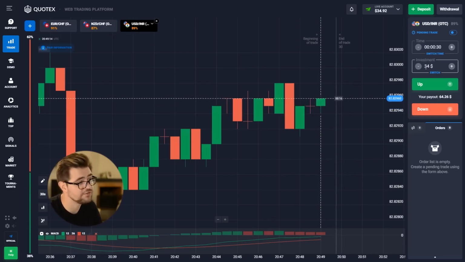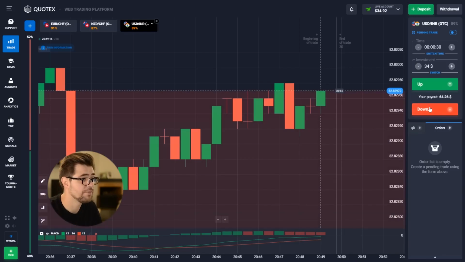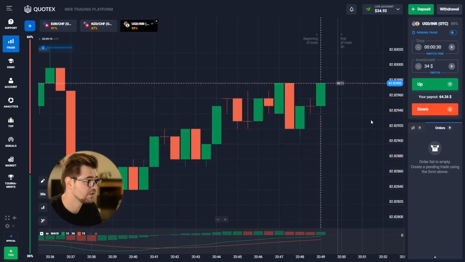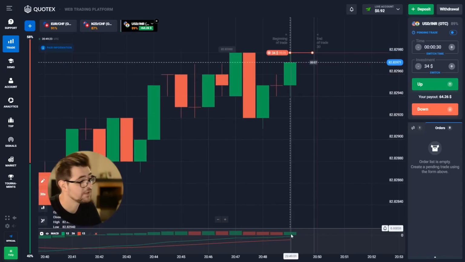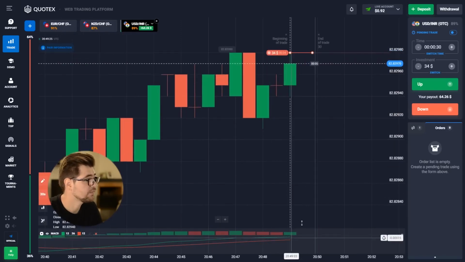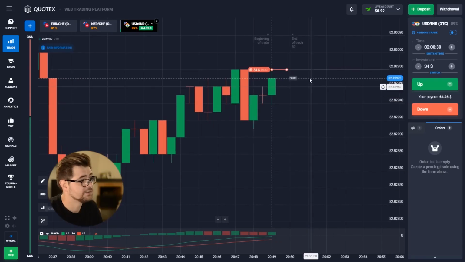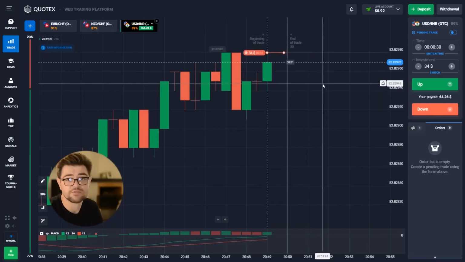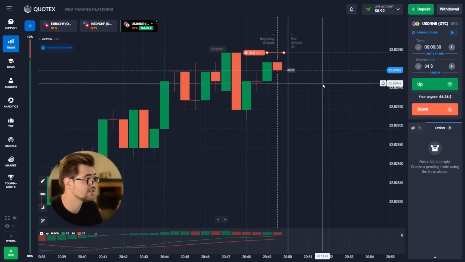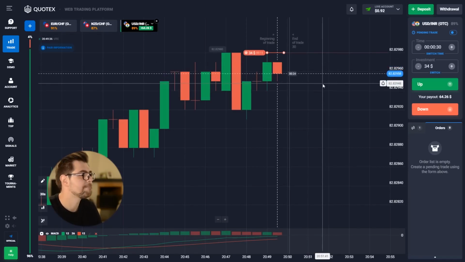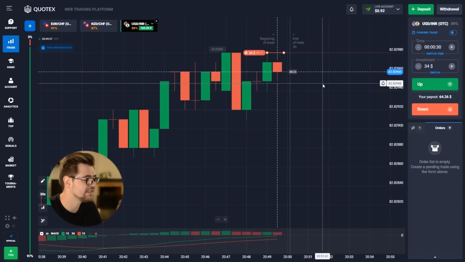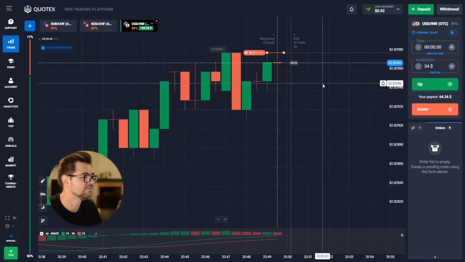So we're gonna go with $34 now, with another put option here, for 30 seconds as well. This tactic is a bit more hasty, a bit more risky, and you would need proper intuition for this.